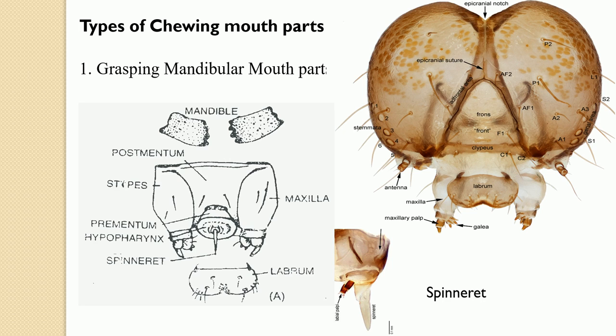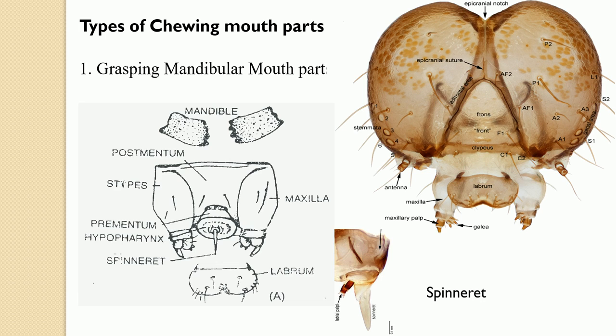Now in the grasping mandibular mouth parts, among the appendages, a few appendages get united with one another, forming a composite structure. And this is for a special need. The peculiarity of this kind of mouth part is the mandibles.